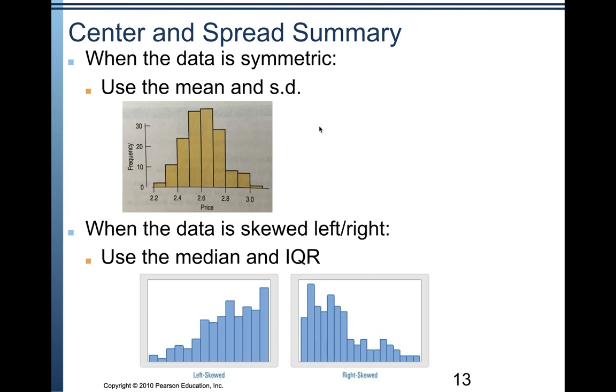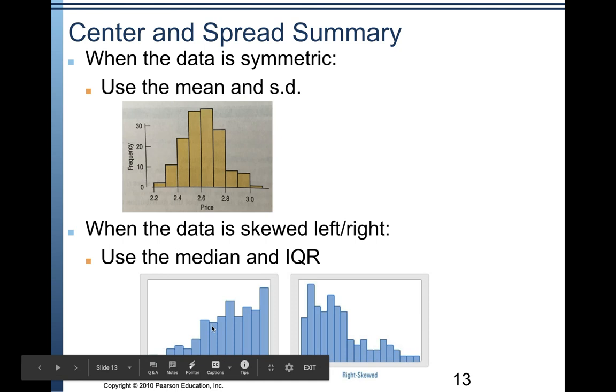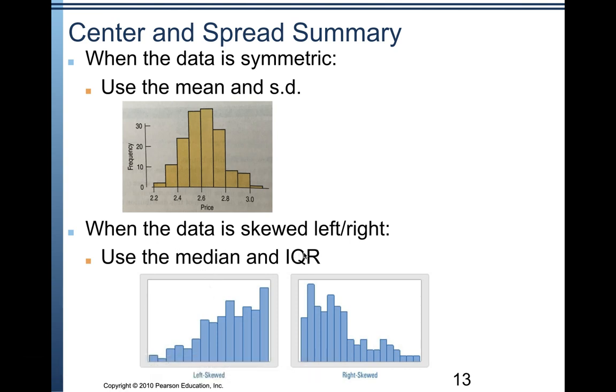In other words, they are the most accurate ways of measuring the center and how spread out the data is. When the data is skewed, whether left or right, we use the median, which is the middle number, and the IQR, the difference between the third quarter and the first quarter. The median and the IQR will most accurately measure the center and how spread out the data is.